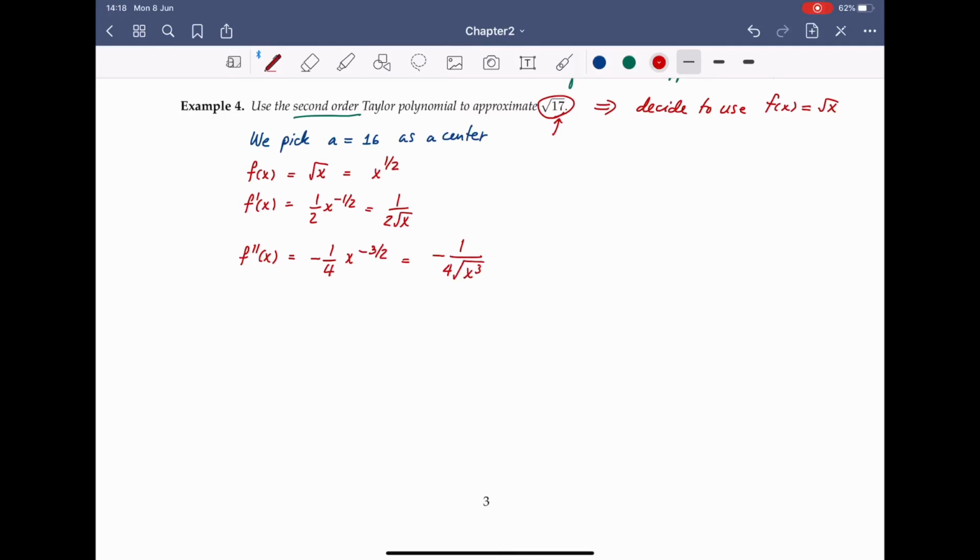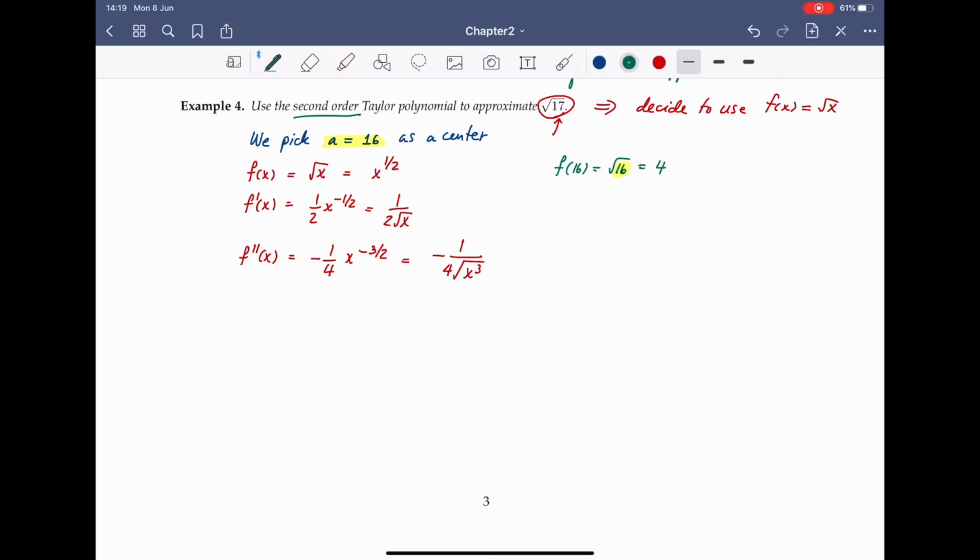All right, now we're gonna compute our function f, the derivative of f, and f'' at 16. So I have f(16) equal to square root of 16, which is 4. You can see that it is a good thing that we picked a equal to 16 as a center, so we can compute the square root easily. If you pick something like 15 or 18, it won't be easy like this.